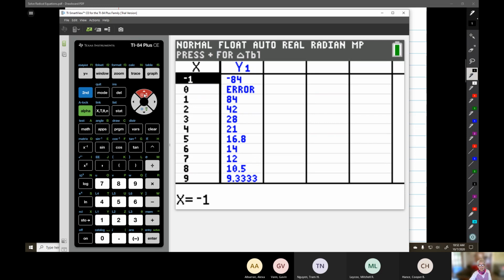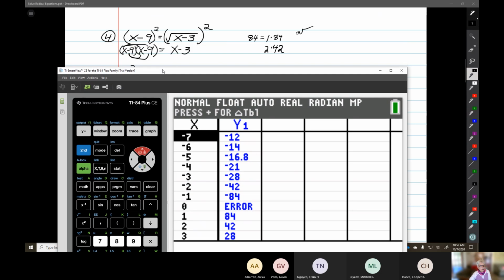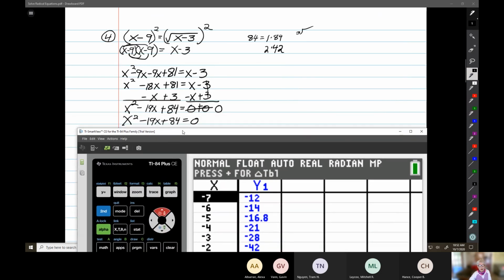So -1 times -84, -2 times -42, -3 times -28, -4 times -21, -6 times -14, that would be -20. -7 times -12 would be -19. I mean, -7 plus -12 would be -19. Yes. Okay. See how easy that was? It was easier than having to think too hard. Don't want to think too hard.